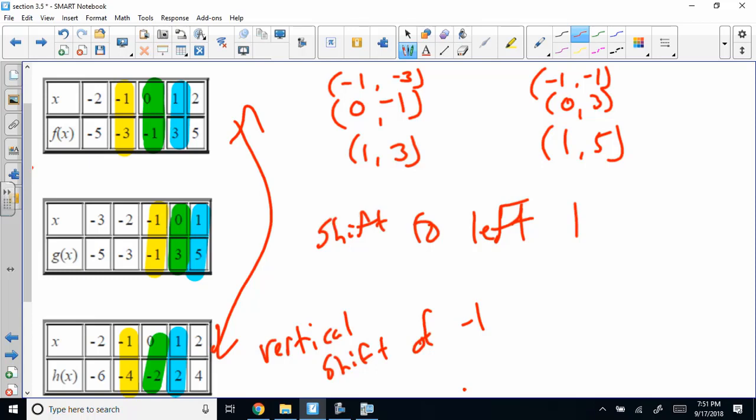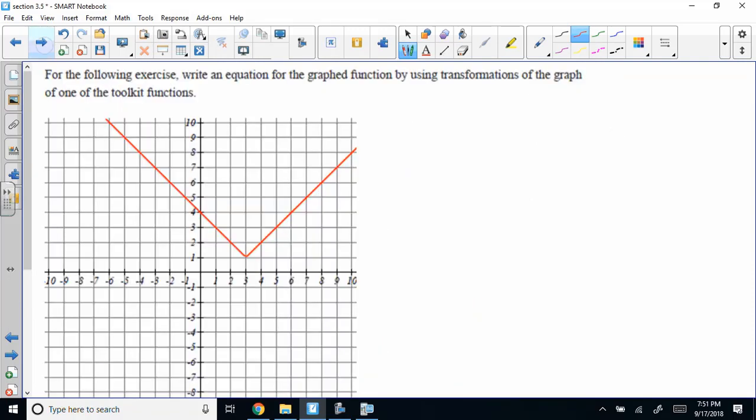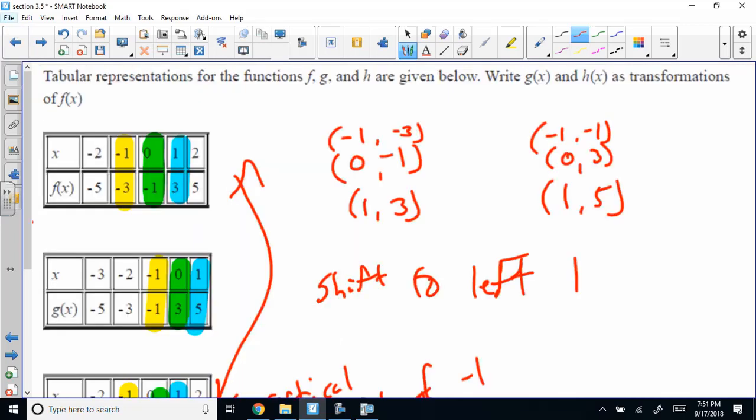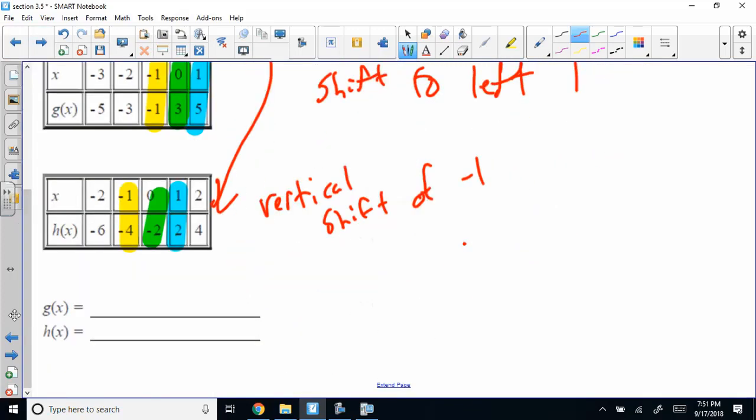So, all right. You're going to look at it in terms of what moved. Was it the x's or was it the outputs, right? And that's going to tell you whether it's a vertical or horizontal shift.